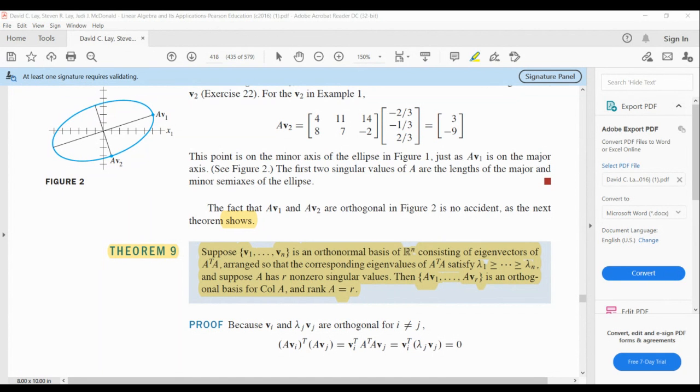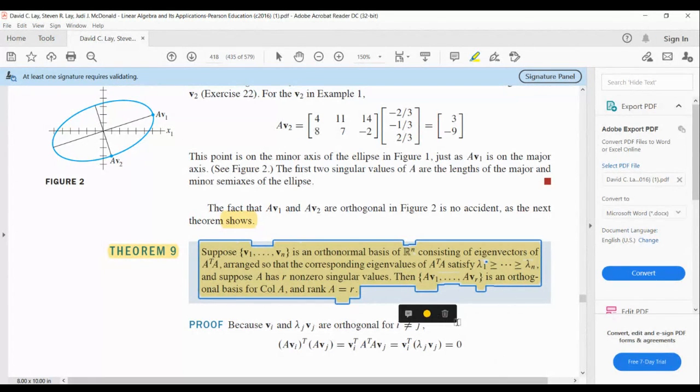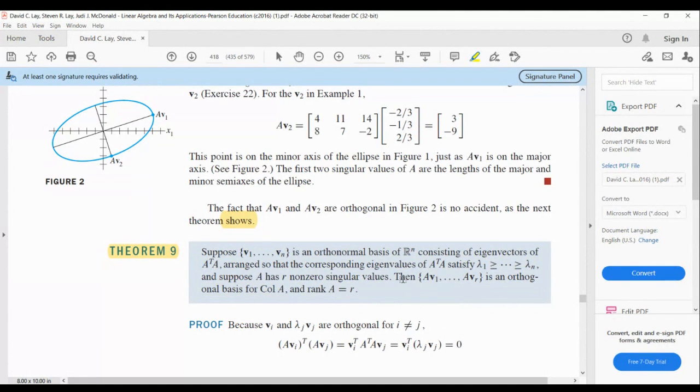What I want to show is that the basis of vectors given by Av1, Av2, Av3, up to AvR is an orthogonal basis for the column space of A.